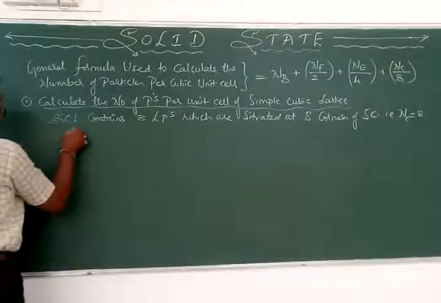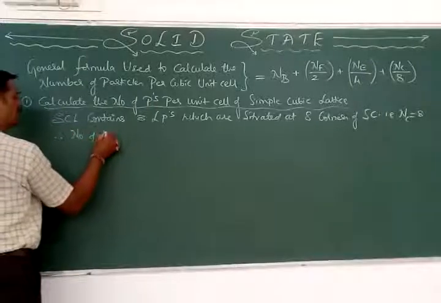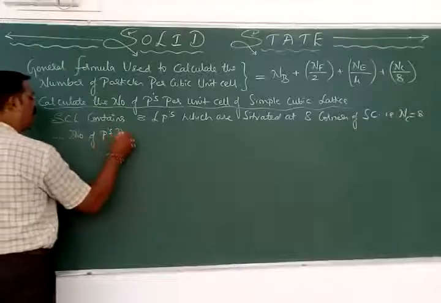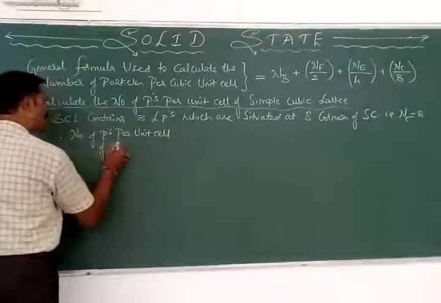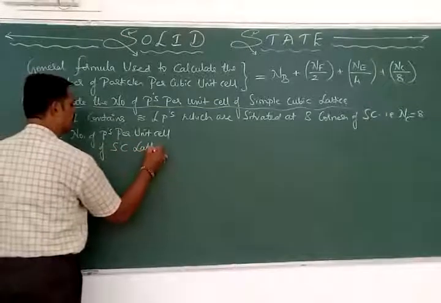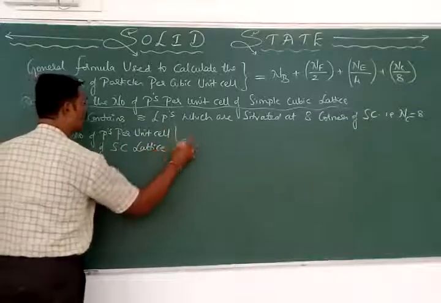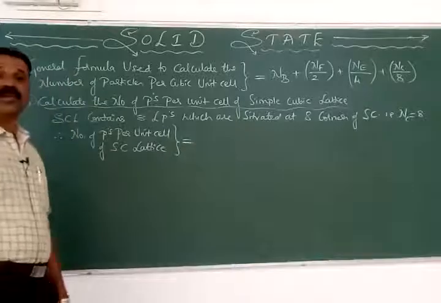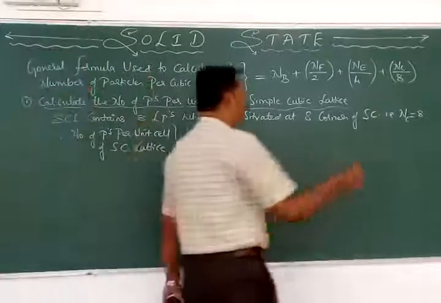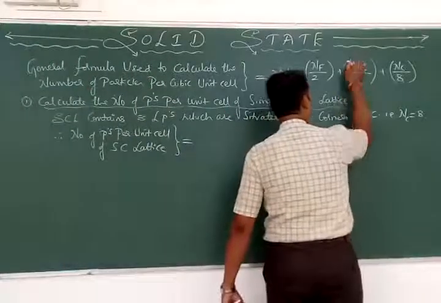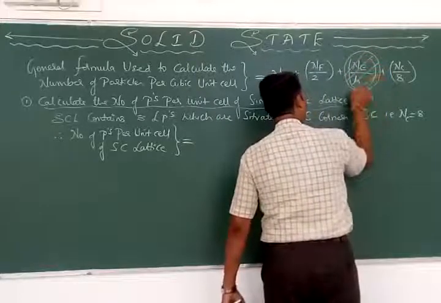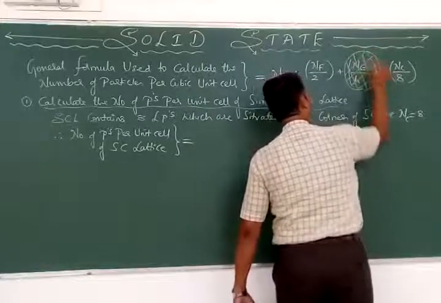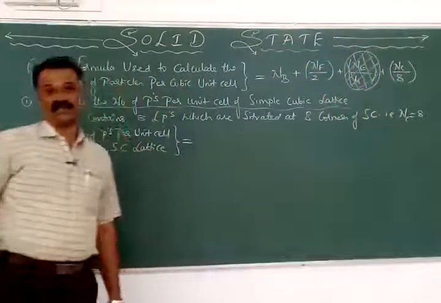Therefore, the number of particles per unit cell of the SC lattice. Usually, with respect to the cubic unit cell, I am deleting the edge term because we are not observing any edge-centered particles.